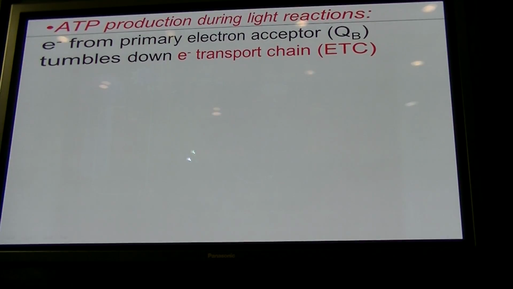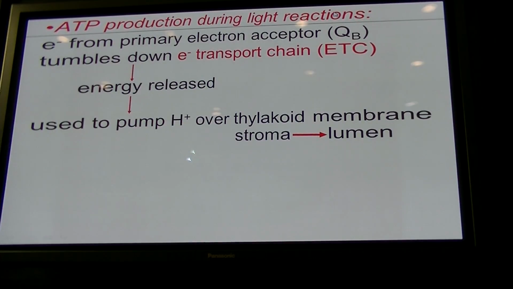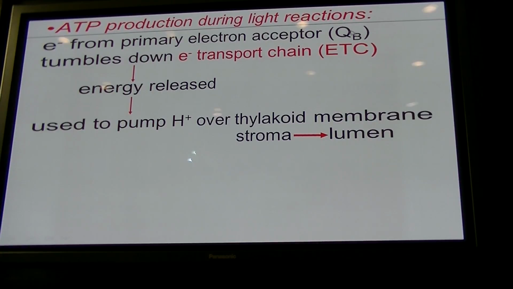Okay. So, to summarize, how do we make ATP? Electrons from photosystem 2, the primary acceptor there, we get a reduction of a quinone at a site that we call the QB site. Plastoquinone is reduced. These electrons go in an electron transport chain.